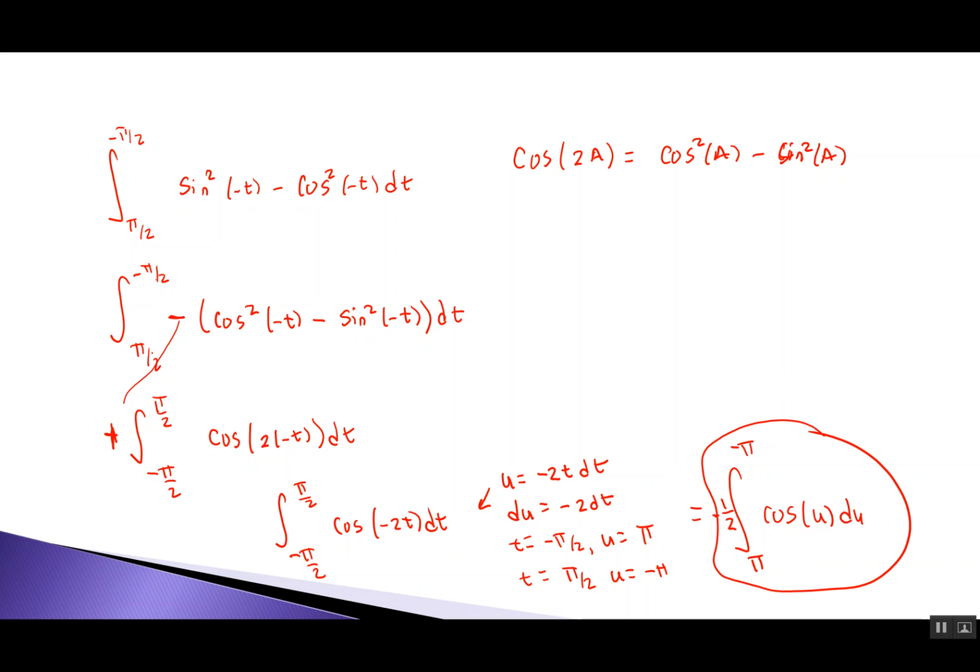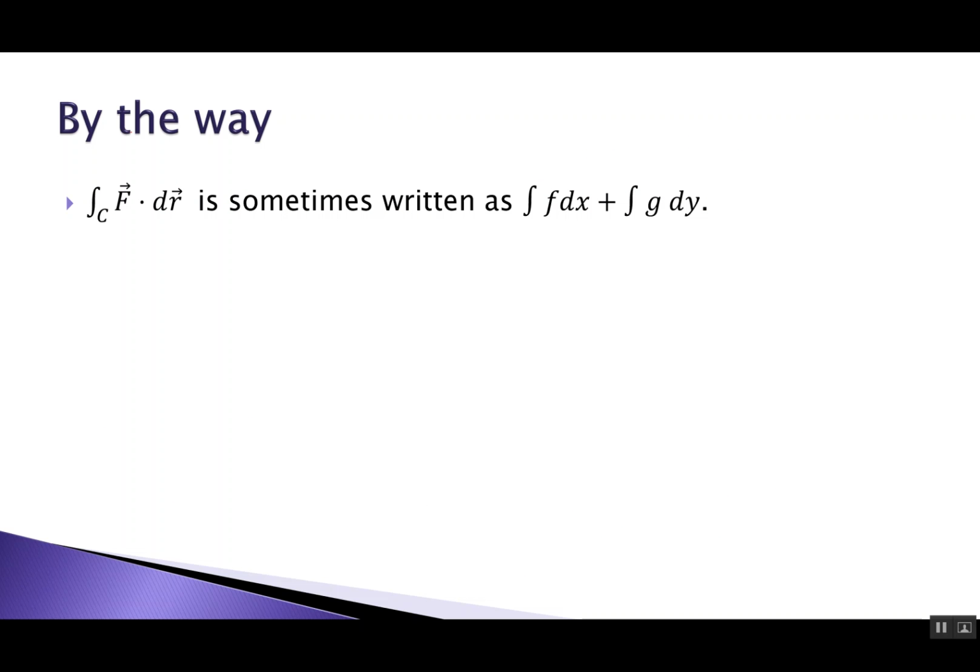Just wanted to also let you know that sometimes this is written as the integral of f times dx plus g times dy. And let's look at why that's true.